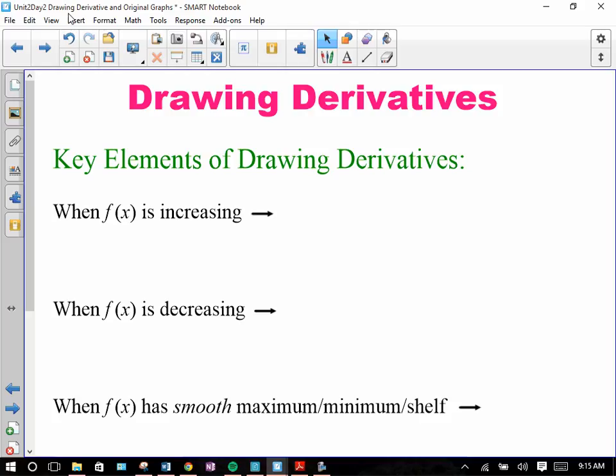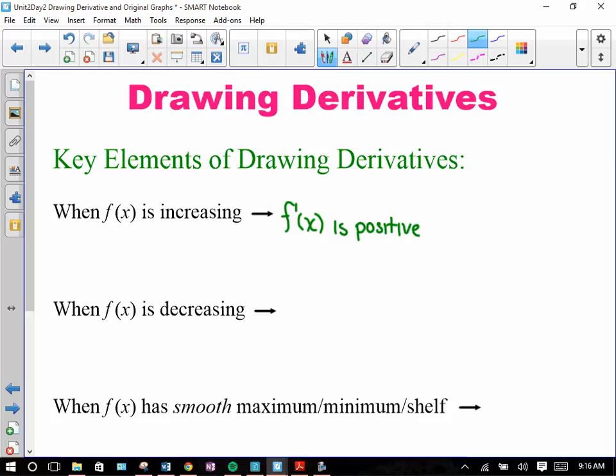Alright, so what we have here are some actual rules and statements. When f of x is increasing, so when the original function is increasing, it tells us something about its first derivative. It tells us that the first derivative, f prime of x, is positive. We were kind of getting at that on Monday, we just weren't formal about it.